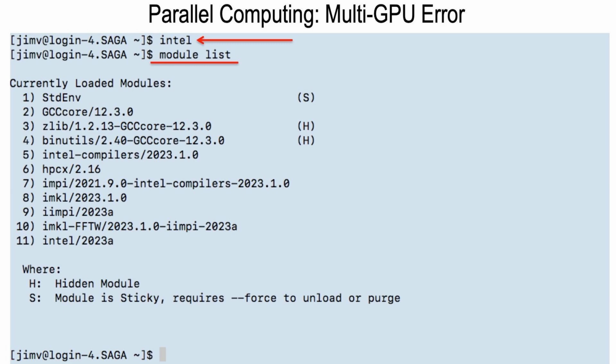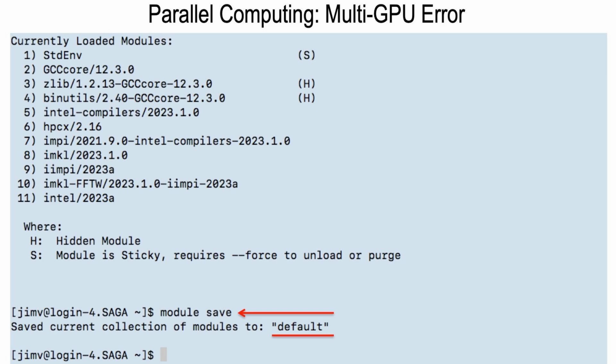Let's activate this Intel alias to update my software environment and then use module list to verify the changes. Interestingly, you'll notice that the environment hasn't changed. This is because I previously used module save to make the Intel software environment my default setup.